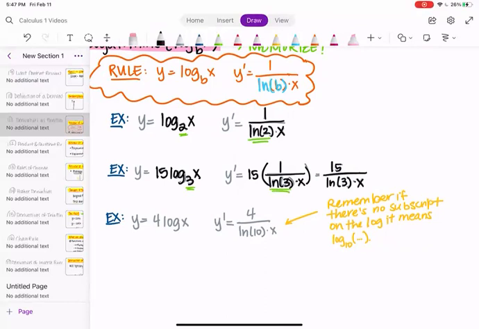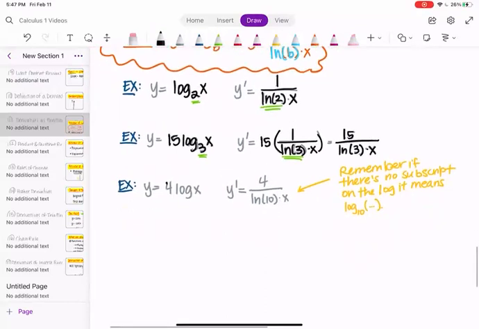There's going to be definitely times where the problem looks like this, just 4 log x. And if you remember, anytime log x is written without a base defined, it means log base 10 of x. So basically the issue was base 10 was so common, people were like, I don't really want to write that anymore.